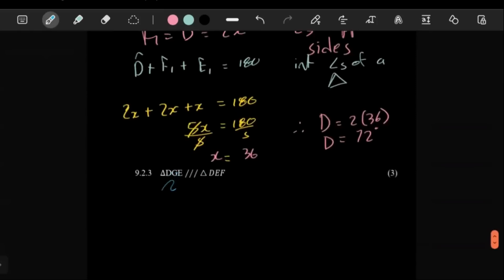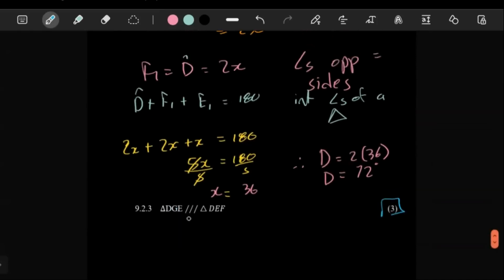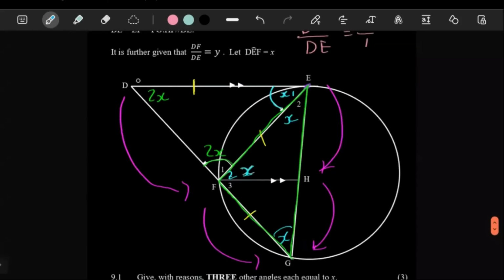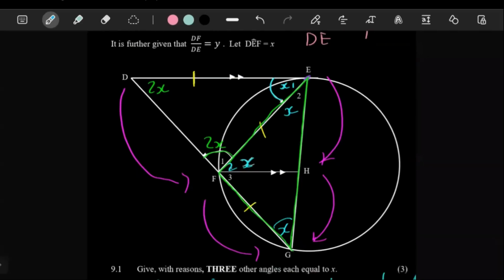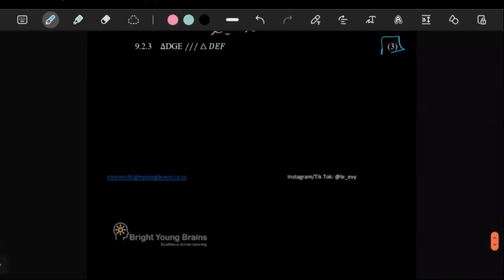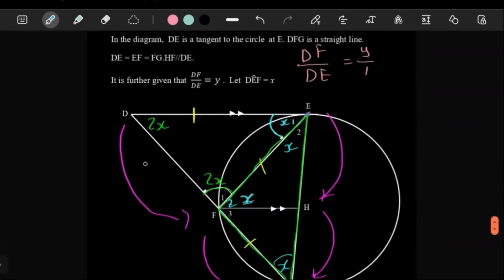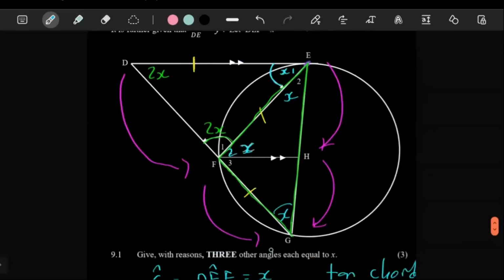And then they want us to prove similarity between triangles for 3 marks. We need to prove that triangle DGE is similar to DEF. D, G, E, and D, E, F. There is D here, there is G here.